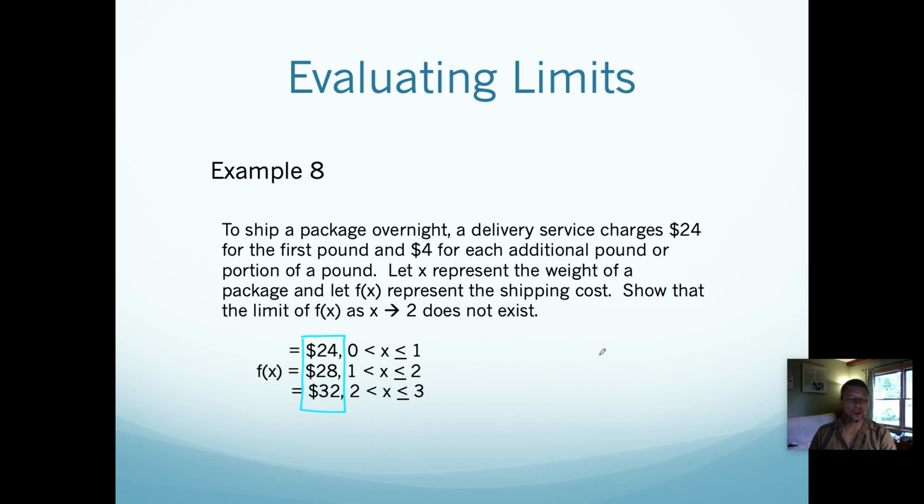In this particular case, we know that the standard shipping charge is $24. If the weight is anywhere between 0 and 1 pounds, it's going to cost you $24 to ship it. If it's anywhere from 1 to 2 pounds, it's going to cost you $28 to ship it. And if it's anywhere from 2 to 3 pounds, it's going to cost you $32 to ship this thing.